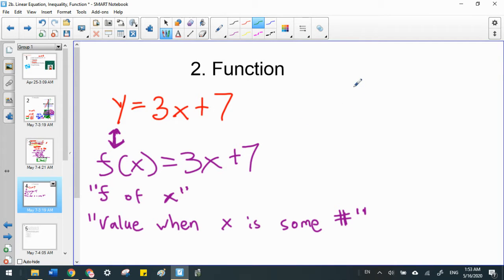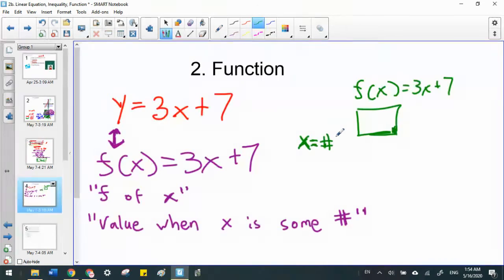So a function is essentially a number-producing factory. When x is equal to some number, it gets put into the function as that number, and then the number that gets pumped out is the result of putting that number into the function.